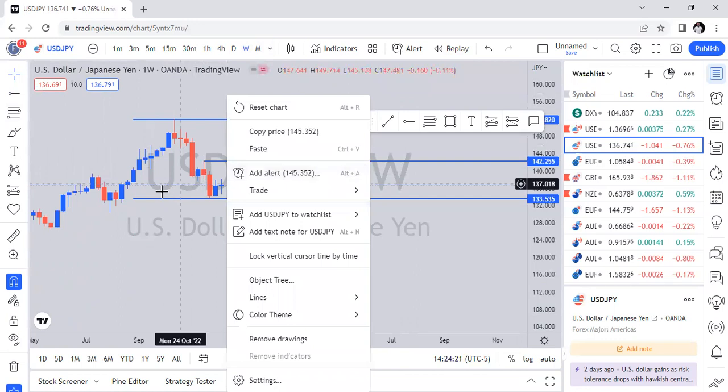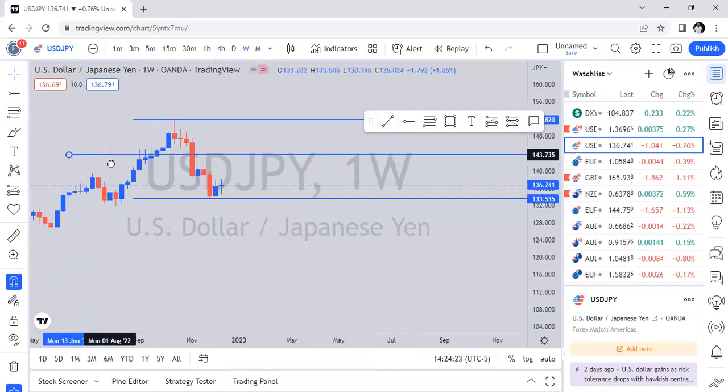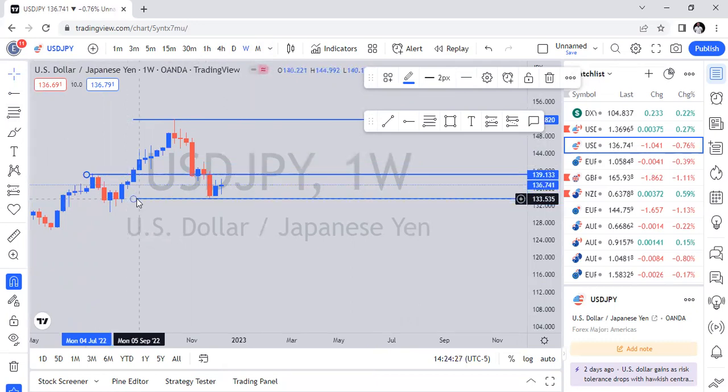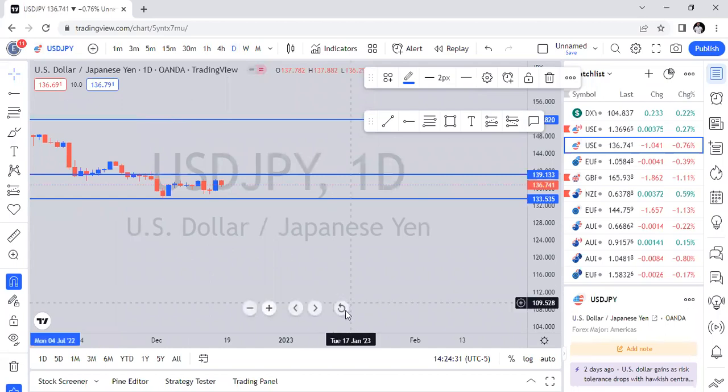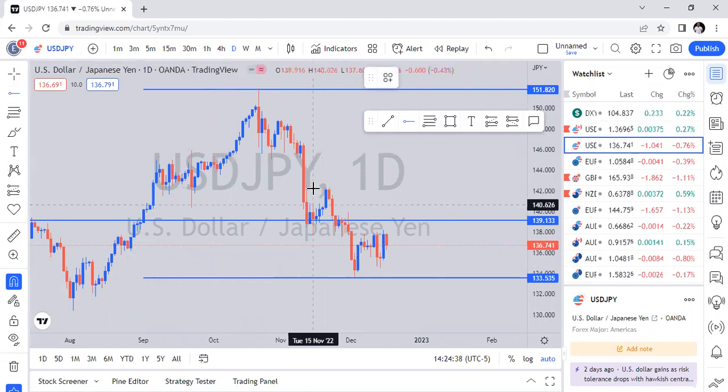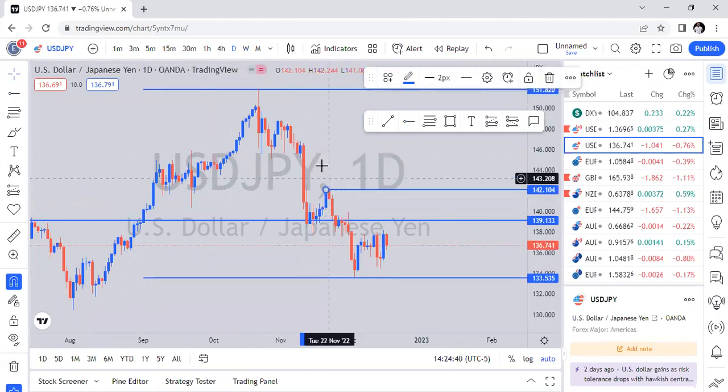So the level I saw in the weekly is this point here. Then as you're coming lower to your daily time frame, you also want to pick out key levels, points where the market turned.